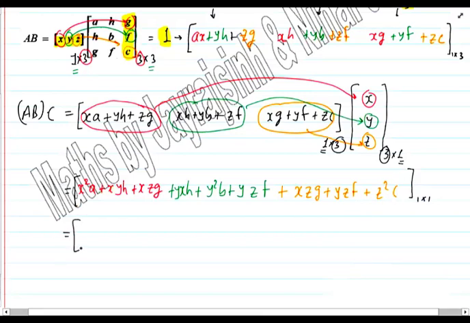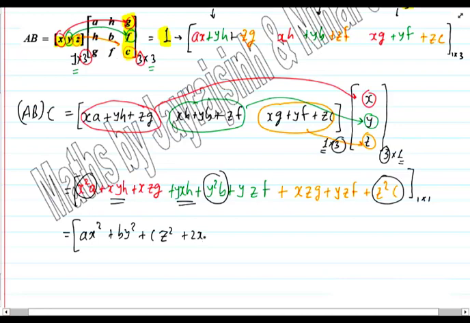So let's simplify to get our final answer. The first ones are Ax square, then By square and Cz square, right? So we select these three terms, squares of the variables. Now it's time to get xyh and xyh.